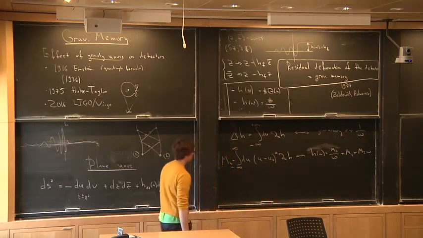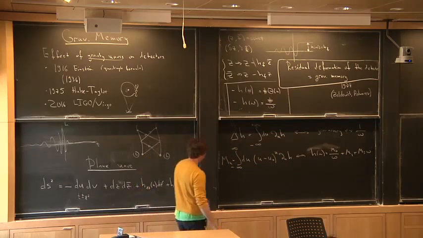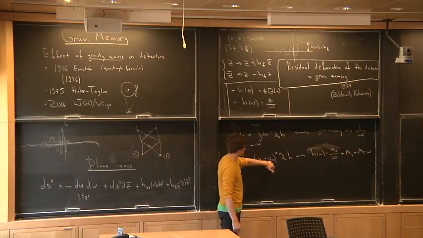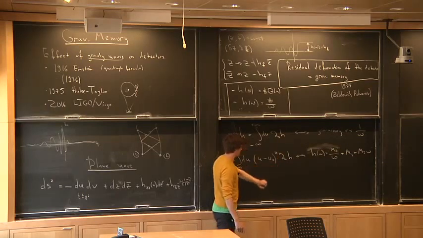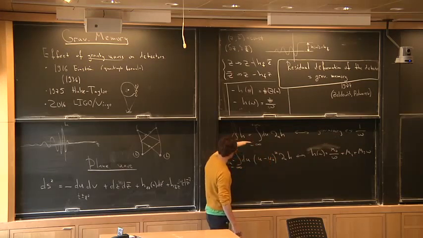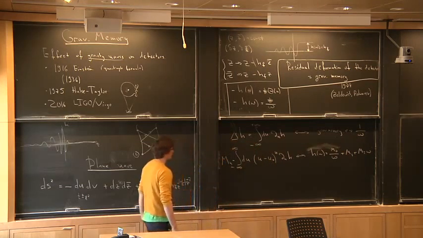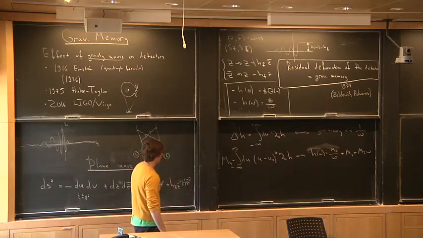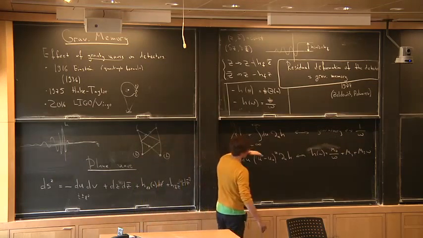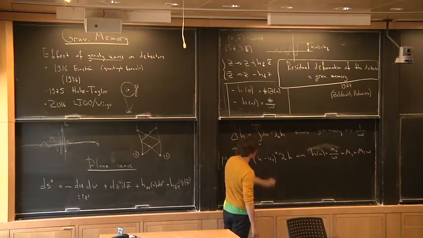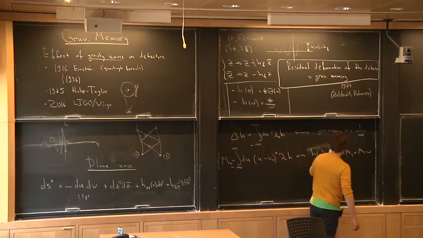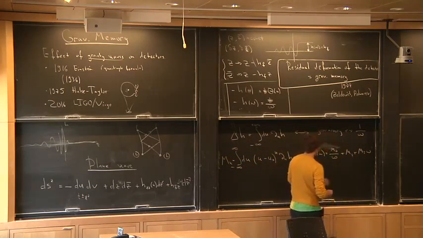But the unpleasant thing about these moments is that there is this arbitrary parameter u naught, and depending on how you choose u naught, you can shift higher moments by lower moments. Anyway, that's maybe not so important, but you can consider these moments. As soon as you realize that the first moment is given by gravitational memory, you can define these new memories, and you see that these new memories are related to the expansion of the amplitude.